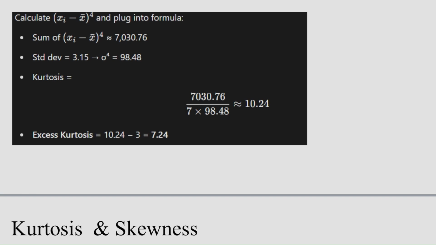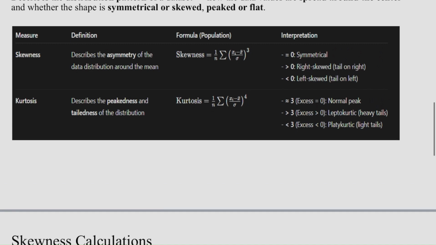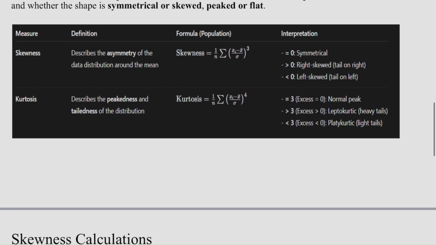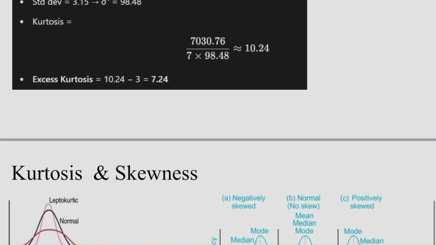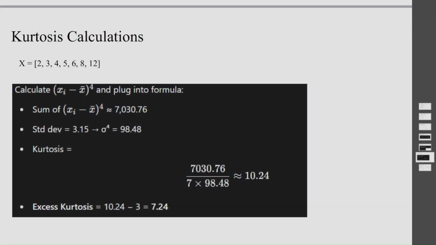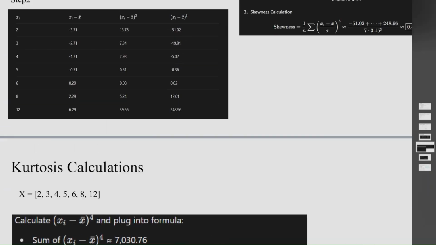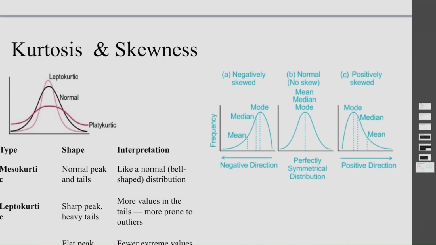Then we calculate excess kurtosis, that is kurtosis minus 3, and that turned out to be 7.24. If the excess kurtosis is greater than 0, then we can say that the data has heavy tails, that is, the data is leptokurtic.